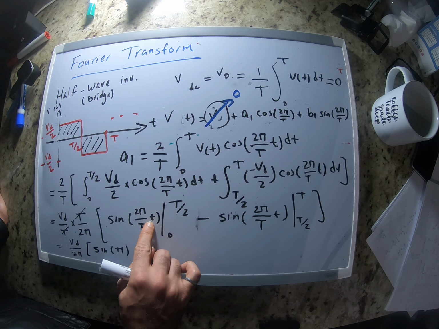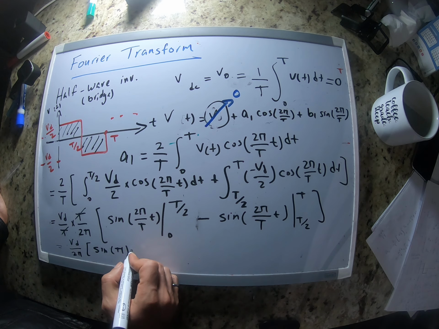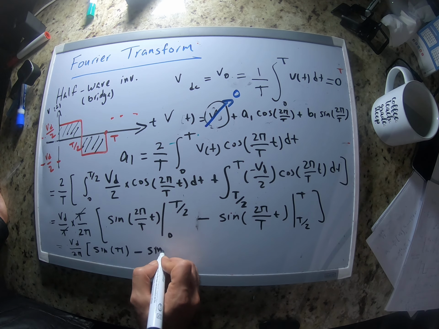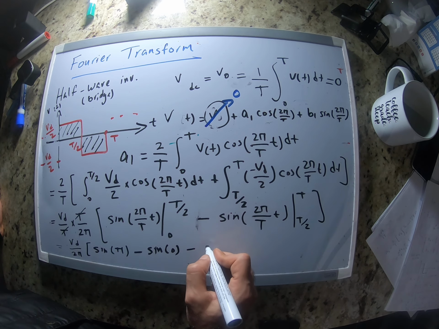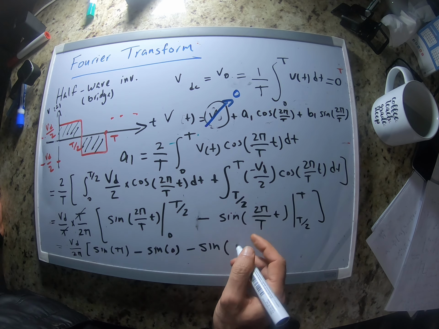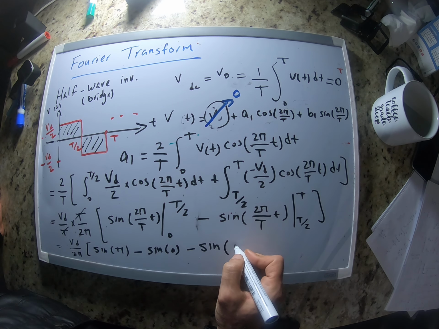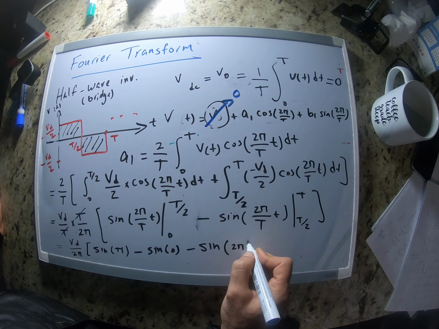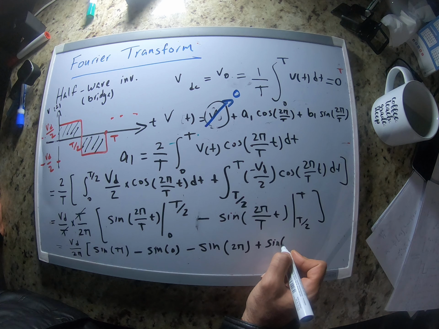Because if I replace t with T over 2, the T's cancel out, 2's cancel out, sine of pi minus sine of 0, minus sine of, again replace t with capital T, so it becomes sine of 2 pi plus sine of pi.